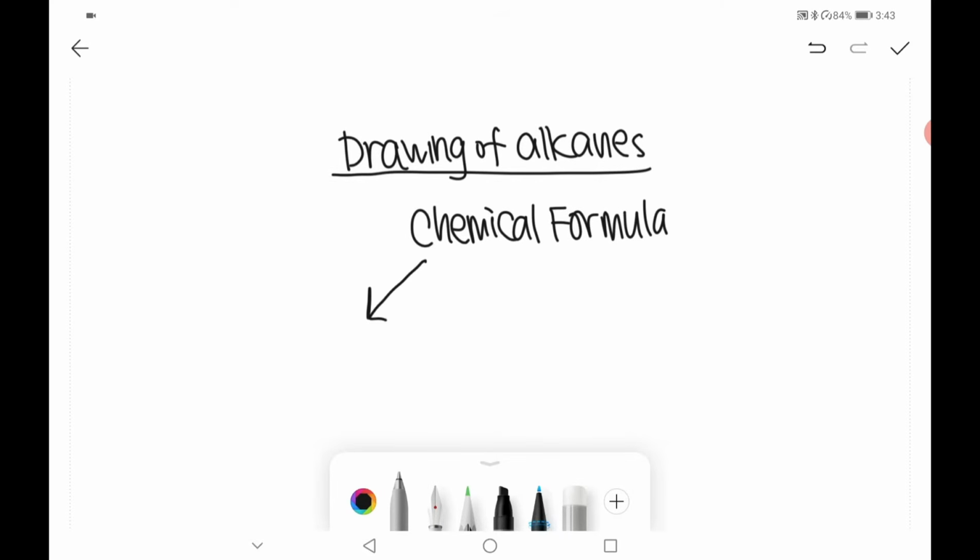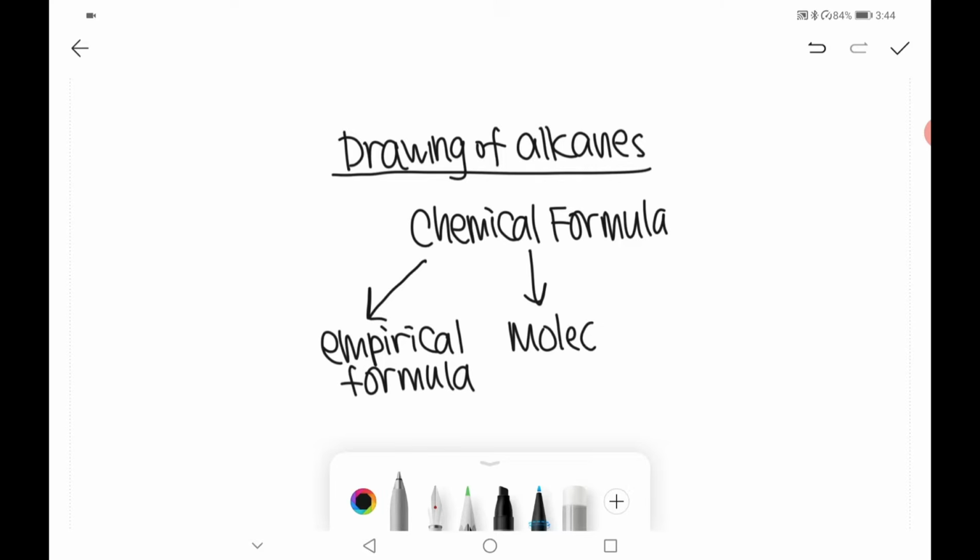The first formula is called empirical formula, that you learn in your Form 4 chapter 3. The second formula is called molecular formula, which you also learn in your Form 4 chapter 3.